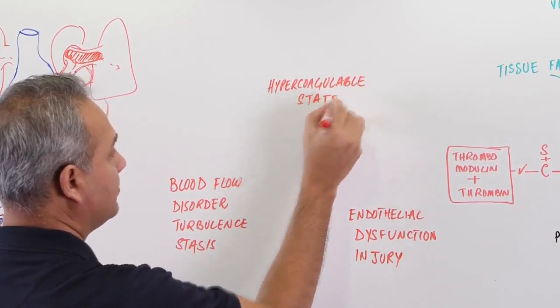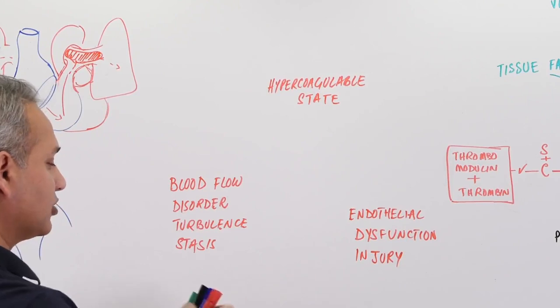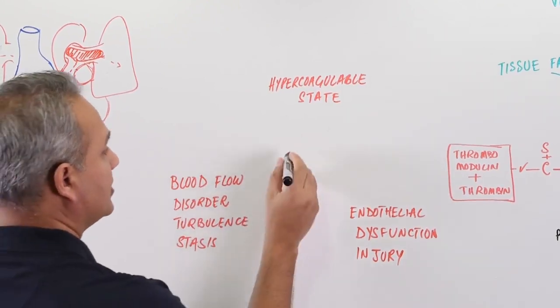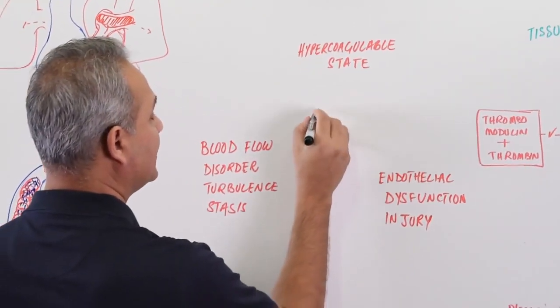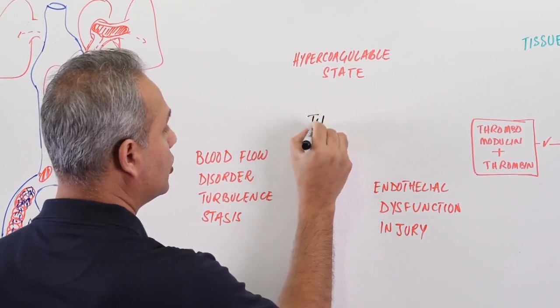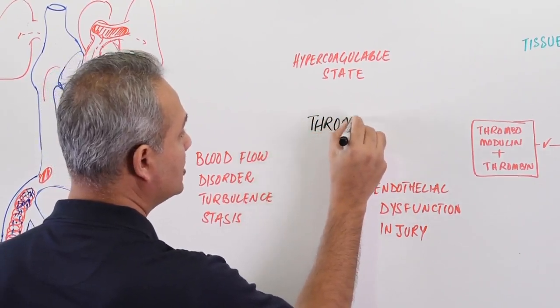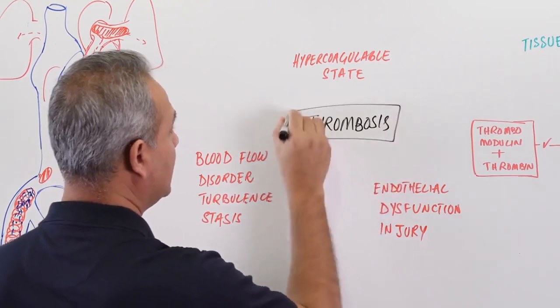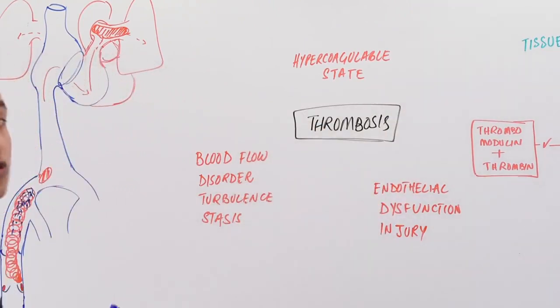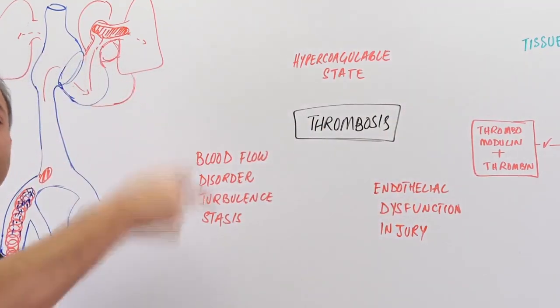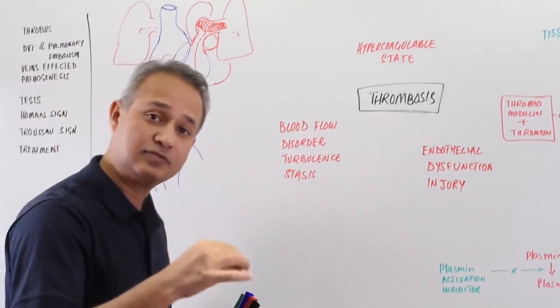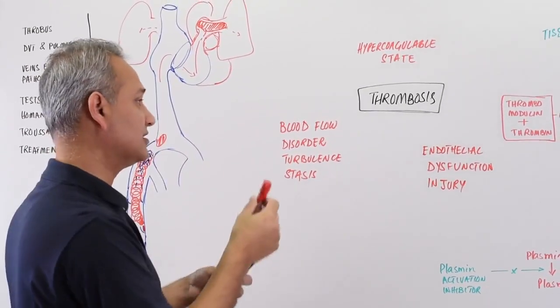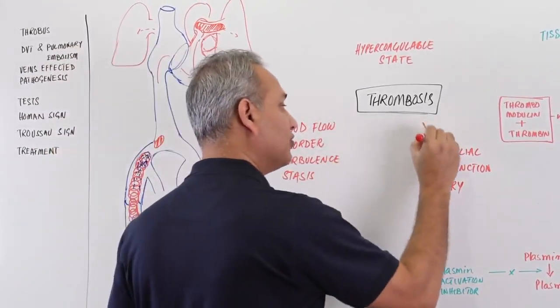I love this diagram in Robbins, big Robbins. All of these can lead to thrombosis, especially deep vein thrombus, and especially if multiple factors are present at the same time. What are those factors? Let's look at all of them one by one.